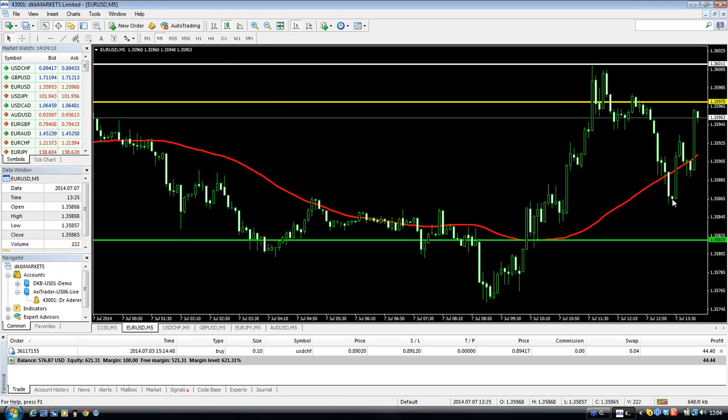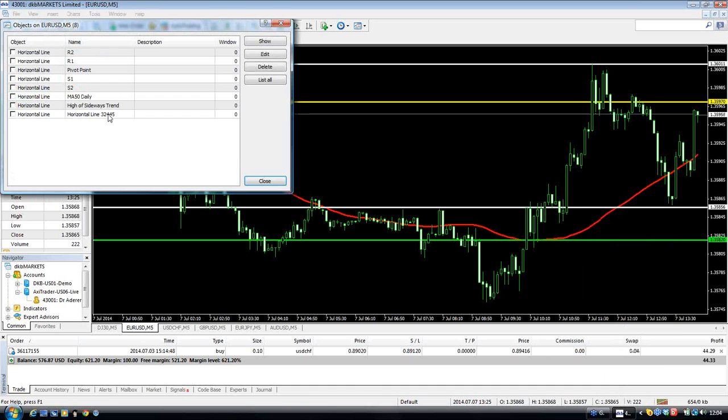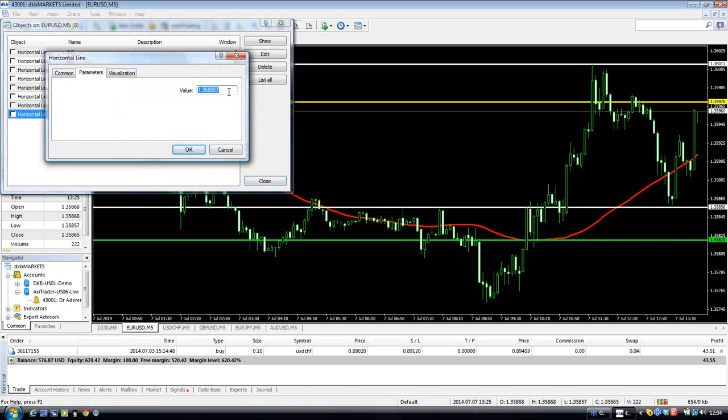And then the low is at that candlestick there, and the low there is 1.3586, and that's the low of the sideways trend.